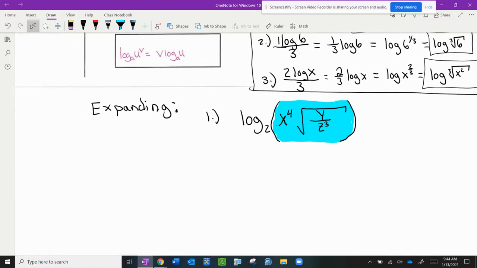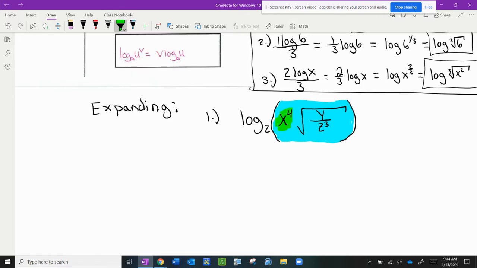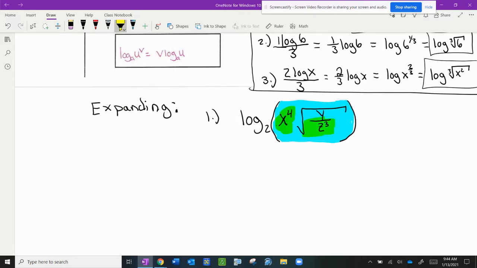So the first thing I'm going to notice is there's 2 pieces multiplying. I've got this x to the 4th, and it's multiplying the radical. So I'm going to split that up through addition first.